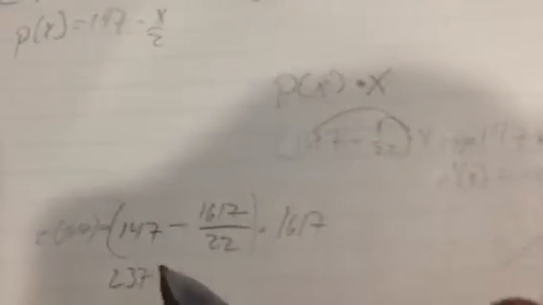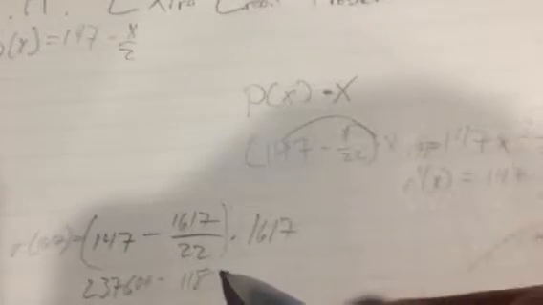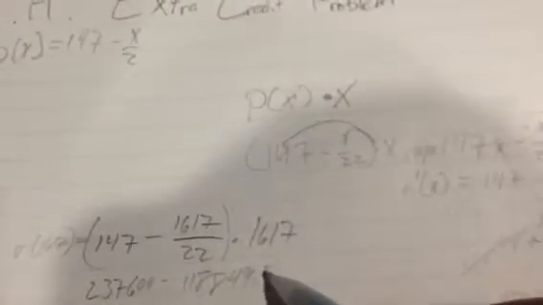So, you're going to end up with 237,699 minus 118,849.5. That is when you multiply in the 1,617, and then that's what you're left with.